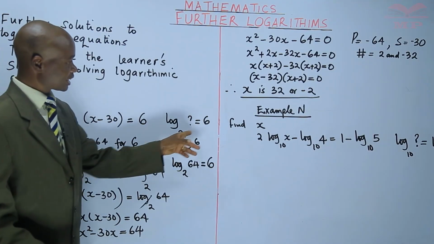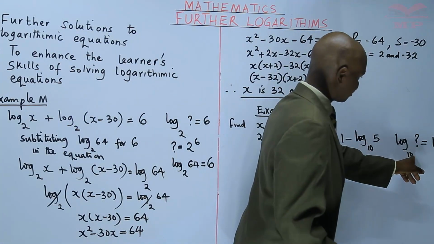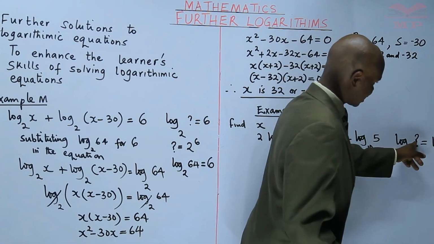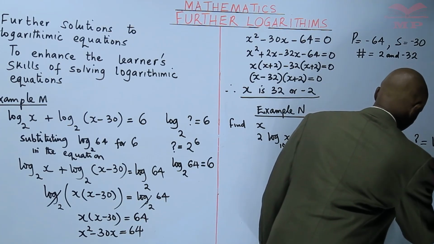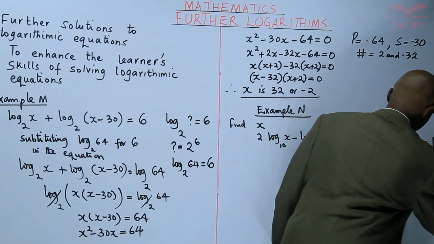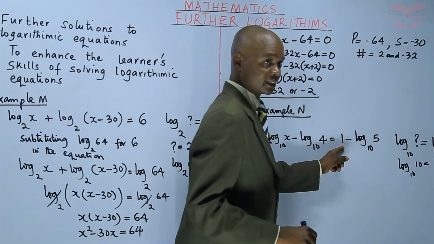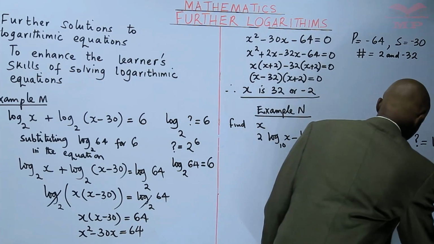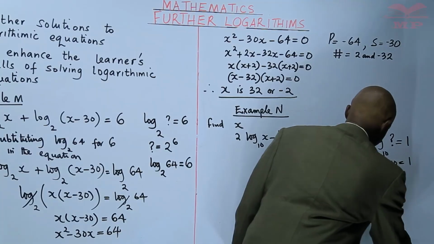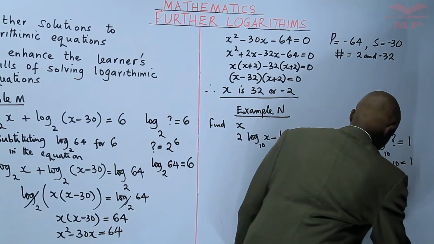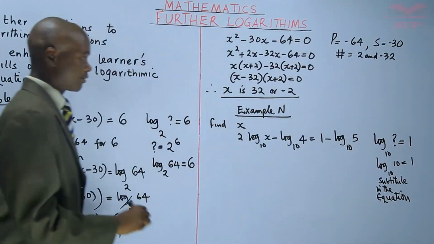We just took the base and multiplied by that. The same happens here: it will mean 10. So log to the base 10 of 10 is equal to 1. This is the one you'll substitute in the equation.